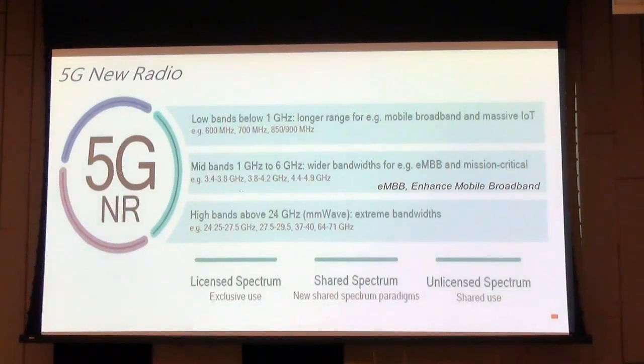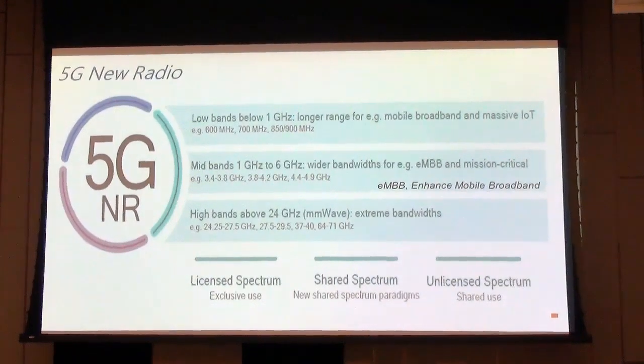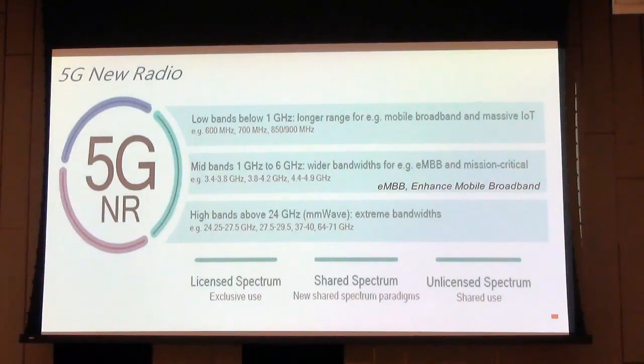The second band uses 1 gigahertz to 6 gigahertz, and its main advantage is wide bandwidth. In the 5G spectrum, they increase the bandwidth further. The third part is the high band, which uses 24 gigahertz and above. We name it millimeter wave.